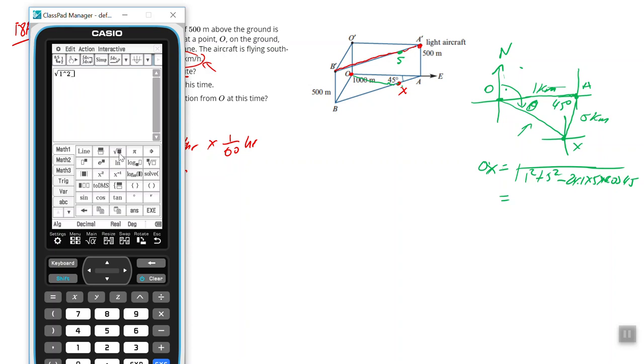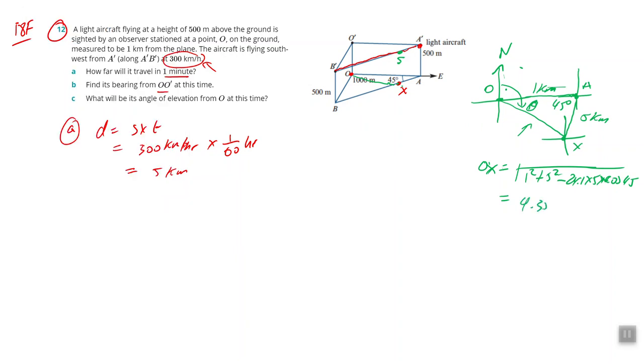If it says show that, you've got no other way but to use it. So OX is 4.3507 kilometers. To get theta, we use the cosine rule again, because you have all 3 sides and just work out the included angle.